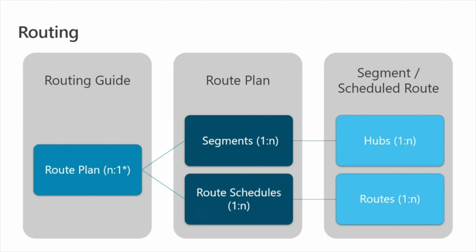I've got 3 routes for Monday, Wednesday, Friday. So that's our one-to-many relationship with the route schedule. So again, as we're configuring, we would want to make sure that we have our hubs defined before we create our segments within our route plan. And then we've got our route plan that we can tie to our routing guide. So we kind of work in reverse to make sure we've got all the dependent configurations set up.